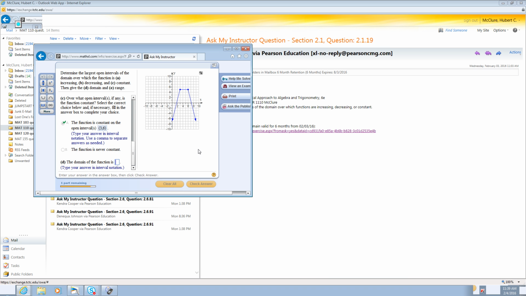I tell some people to put a car right here. Read from left to right, put your little car right here. And that car is increasing from negative infinity to 3, and then it's constant from 3 to 6, and then it's going downhill from 6 to infinity. But the only value that is in terms of y is the range.